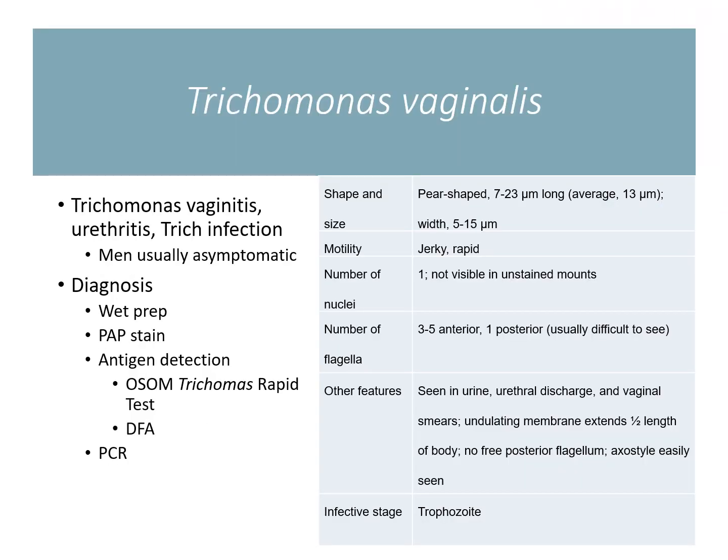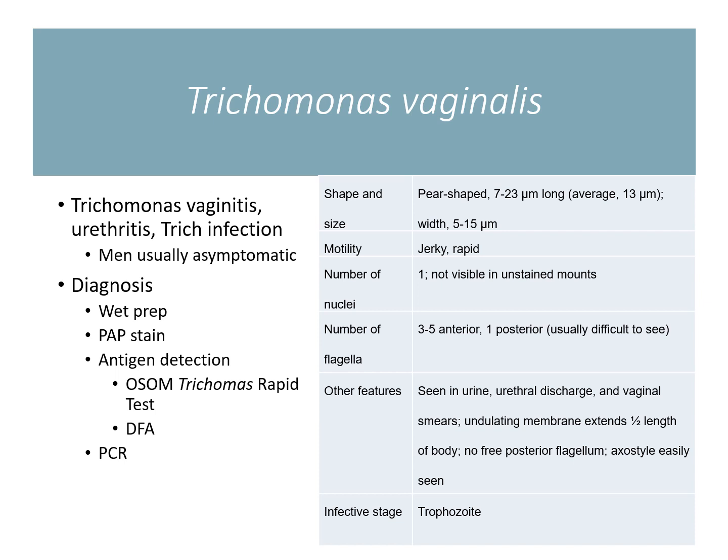Trichomonas vaginalis will cause Trichomonas vaginitis, urethritis, and trich infections. With this organism, it's usually asymptomatic in men, but in women, it can be a persistent vaginal inflammation that may cause a yellowish, frothy, foul-smelling vaginal discharge with burning with urination, itching, and irritation in the vaginal area.